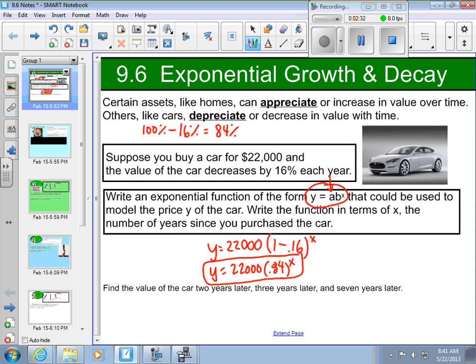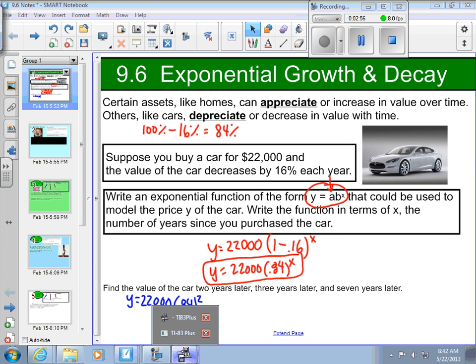For example, down here they ask to find the value of the car 2 years later, 3 years later, 7 years later. It's easy to calculate now using this formula. All we have to do is plug it in. If we want to know what it is 2 years later, all we've got to do is plug in 2 for our exponent, and then it's kind of a calculator problem.